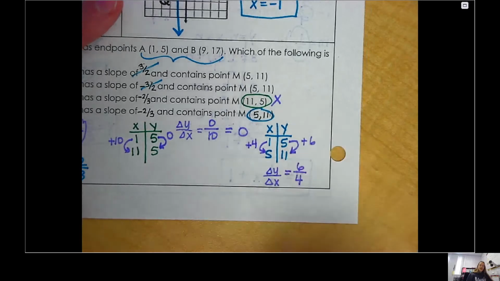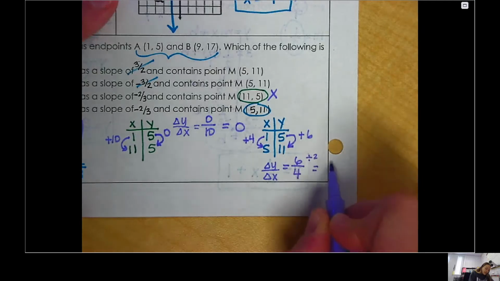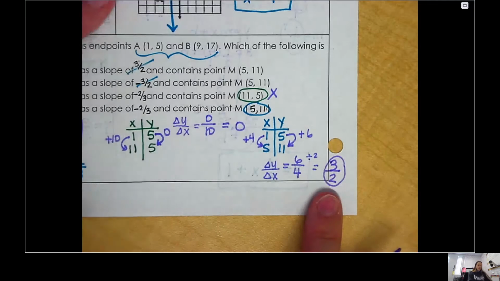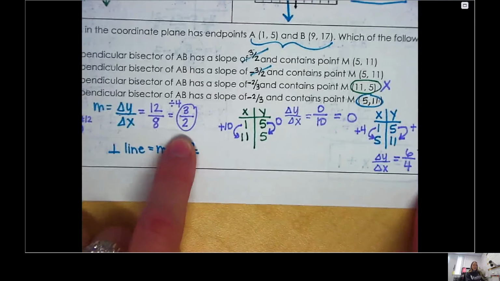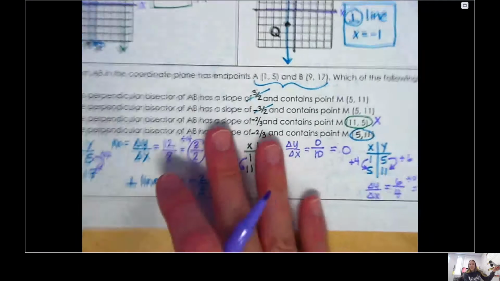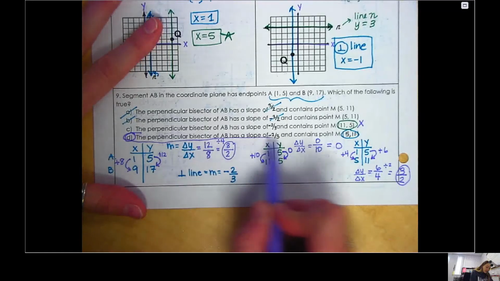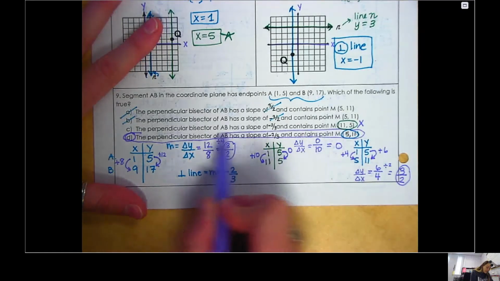So my slope is 6 over 4. And I can reduce that by dividing both of those by 2. And I get 3 over 2. And that slope is the same as my first slope, which means this point is definitely on the line. So answer D is the correct answer.